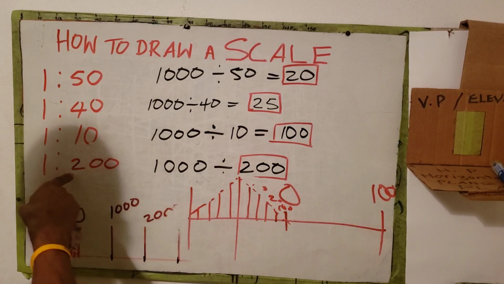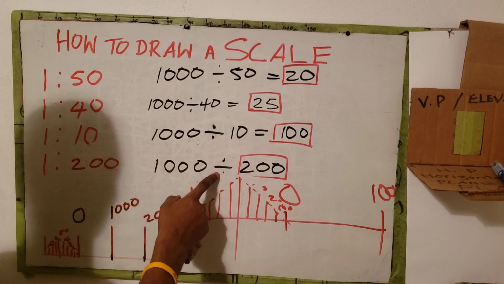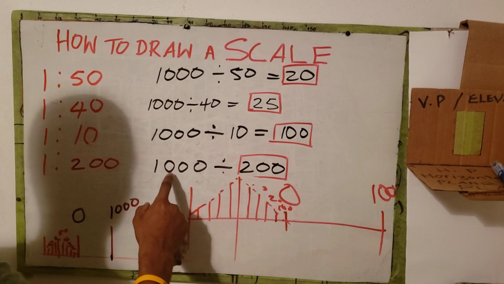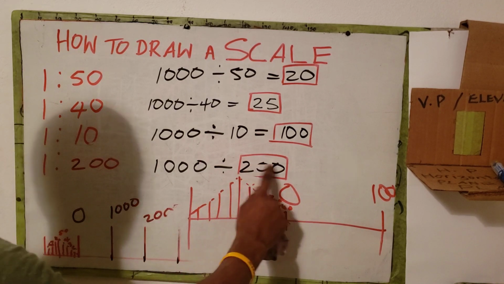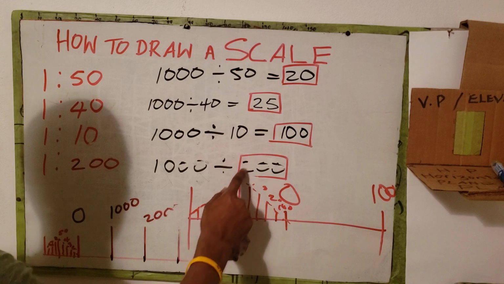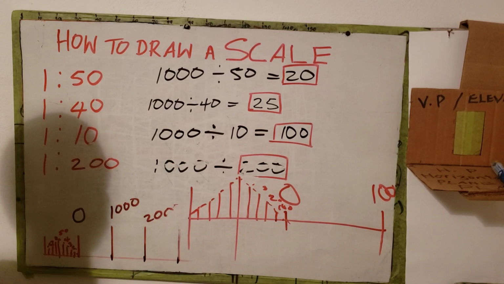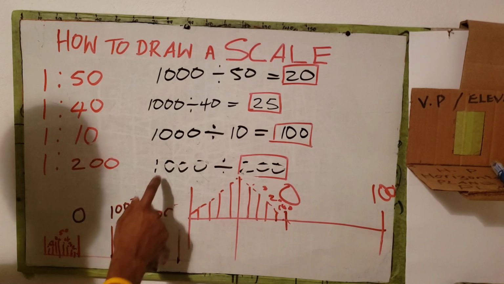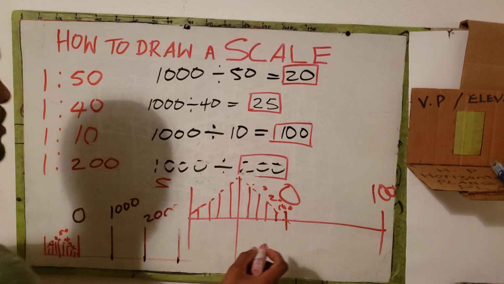Now, onto the fourth one. Again, this is 1,000 divided by 200. We are left with what? 2 into 10 is 5. So this distance is 5.